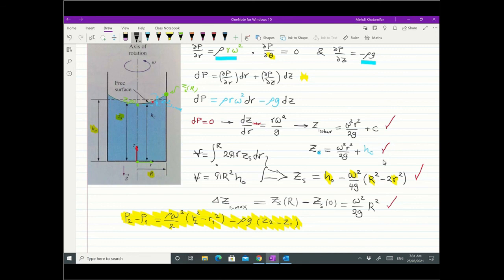If it's about 1 point, let's see how I'm going to deal with it. Let me write and then we can see. P is going to equal rho omega squared divided by 2 times R squared minus rho g Z. The equation I'm writing must be exactly like the yellow one, so I'm going to add a constant number, for example C2.